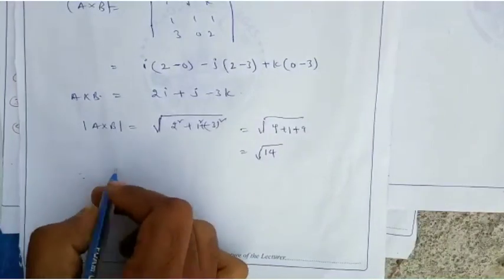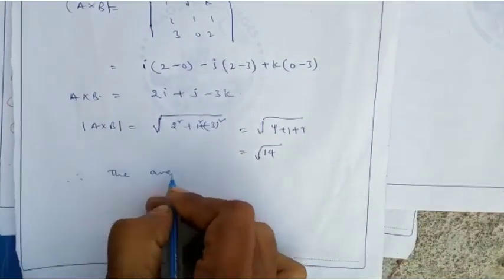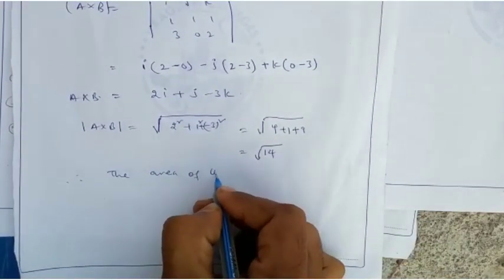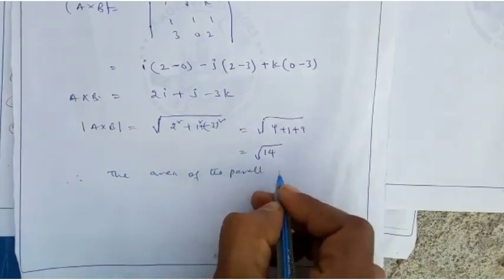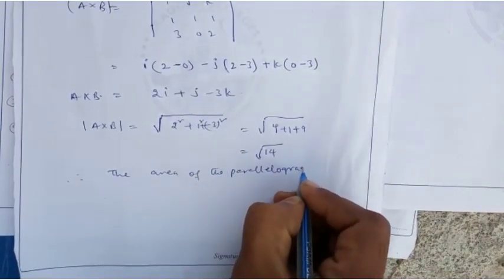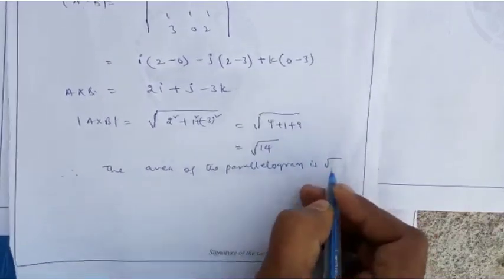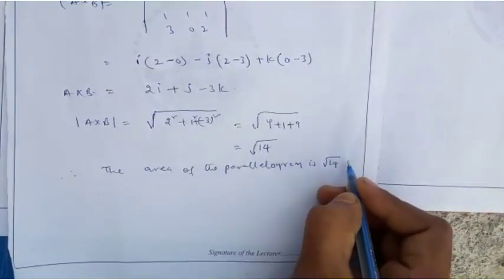So the area of the parallelogram is root 14 square meters.